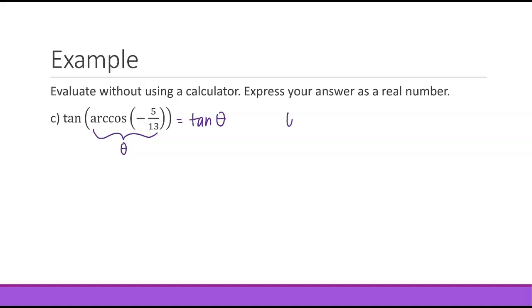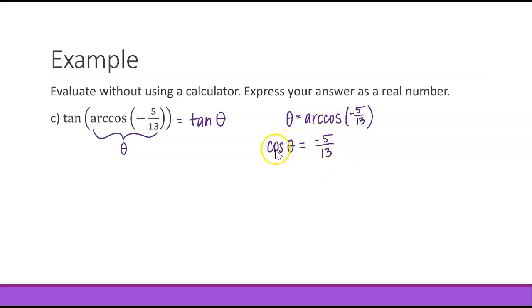And we know that theta is equal to arc cosine of -5/13. So by definition of our inverse trig function here, we know that cosine of theta is equal to -5/13. It's like essentially we are taking cosine of both sides. So here now we have cosine theta, and then cosine of arc cosine would cancel, giving us -5/13.